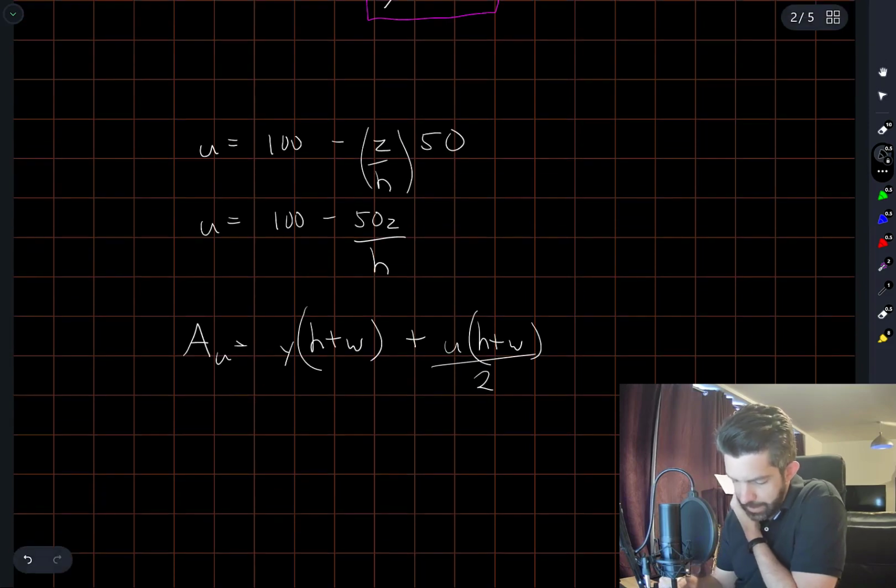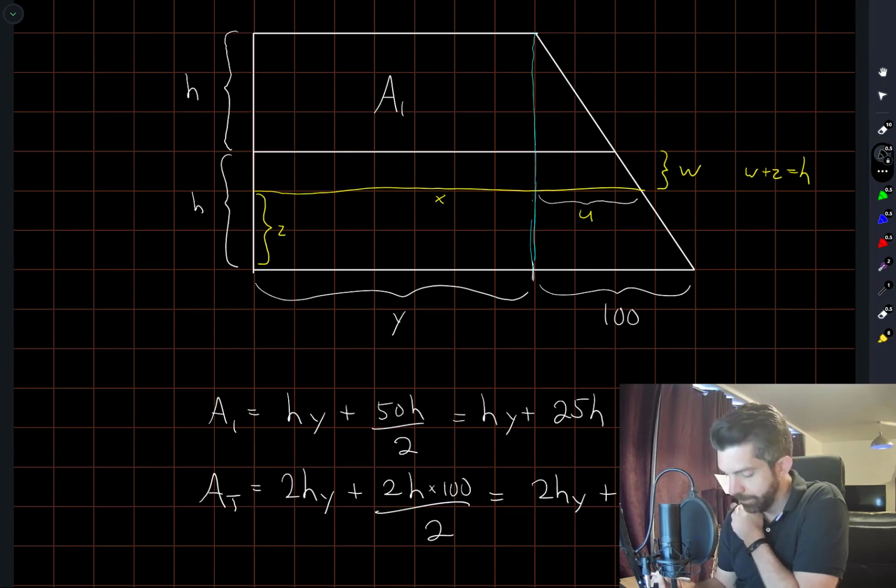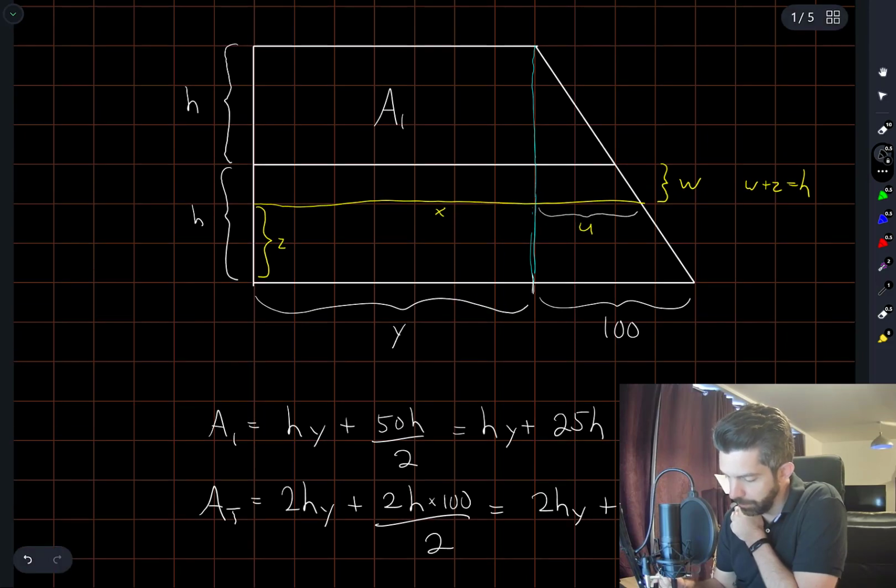Do I want to rewrite everything now in terms of x? I kind of feel like I want to write everything in terms of z. Just visually, z is an easier variable to understand what's going on. If I can solve for z, I can solve for x. So I'll write everything in terms of z.